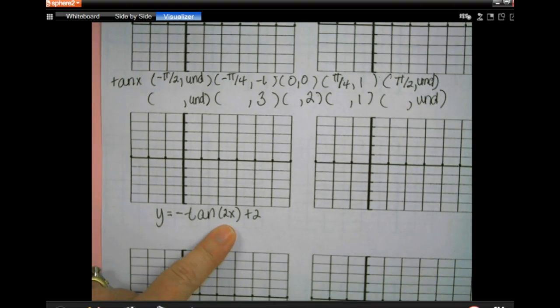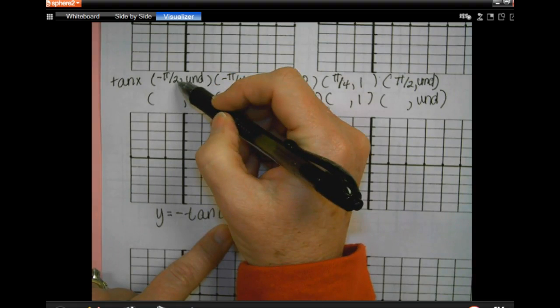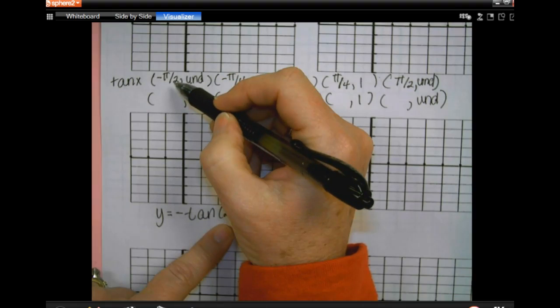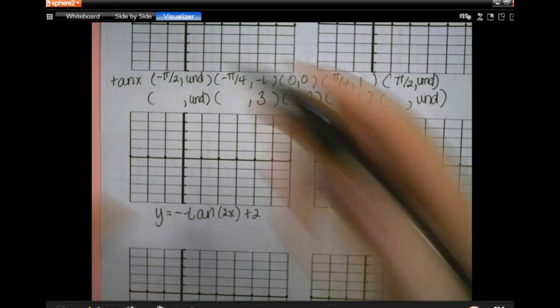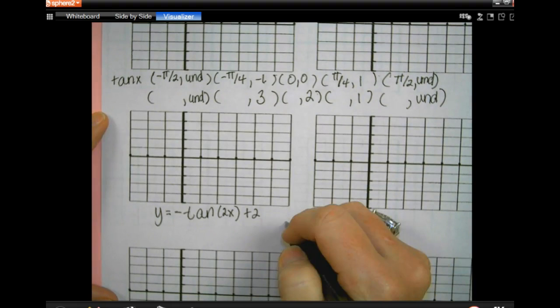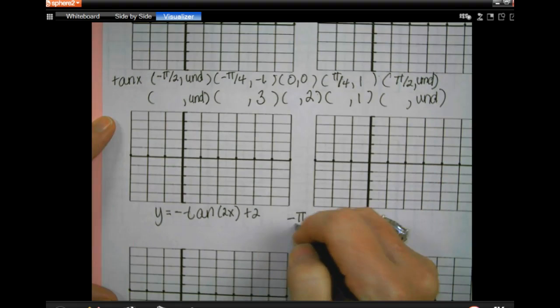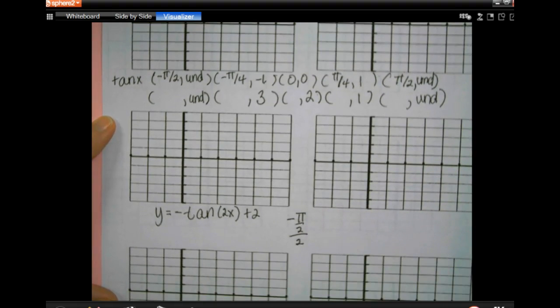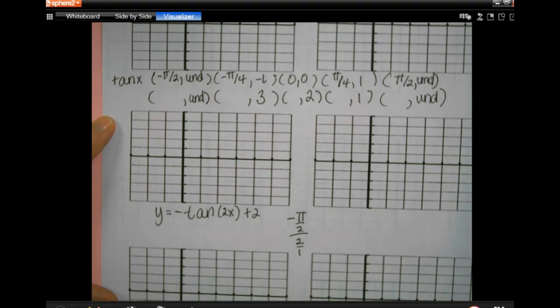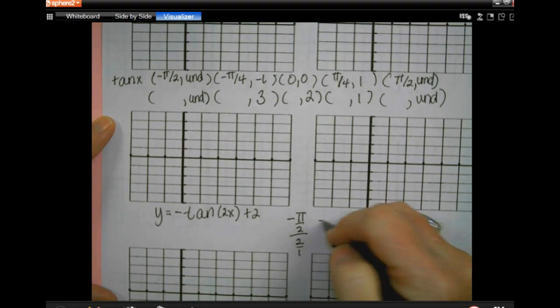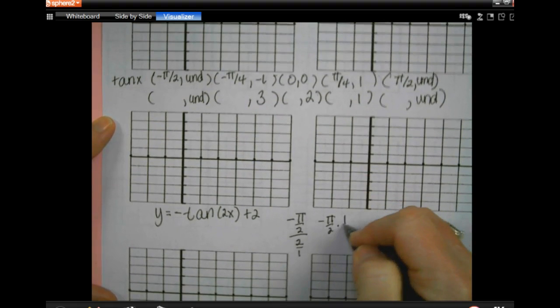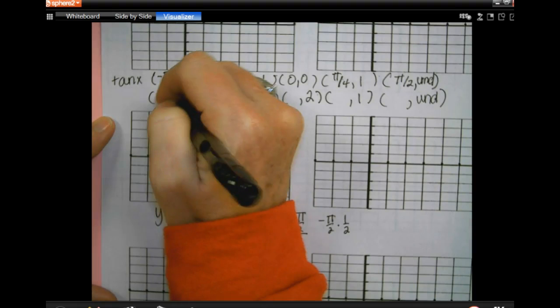So now let's do the x. I'm multiplying, so I'm really going to divide. So negative pi over 2 divided by 2, if I put a 1 under here, you flip it, and you get negative pi over 4.